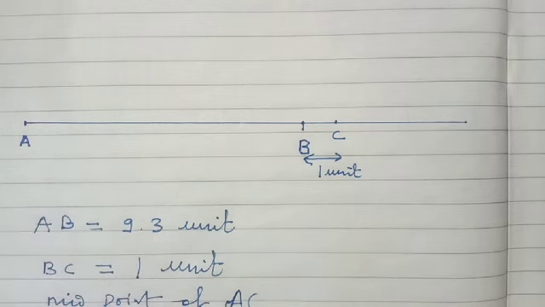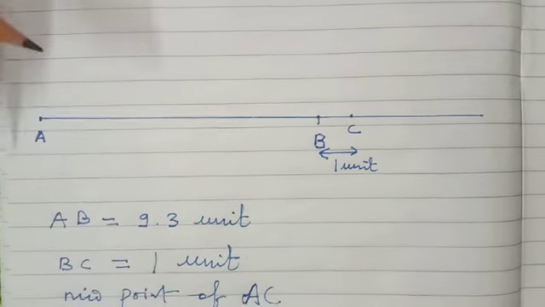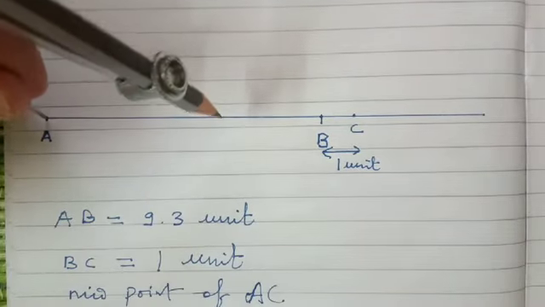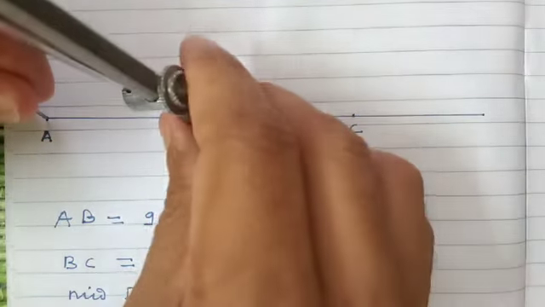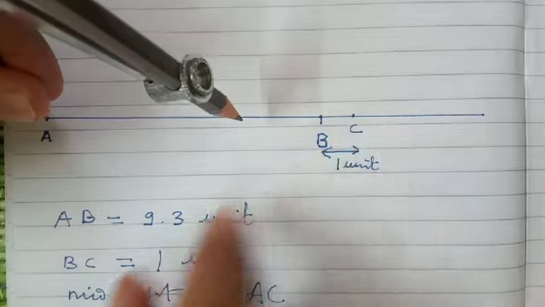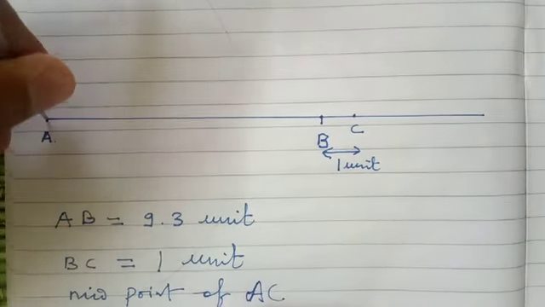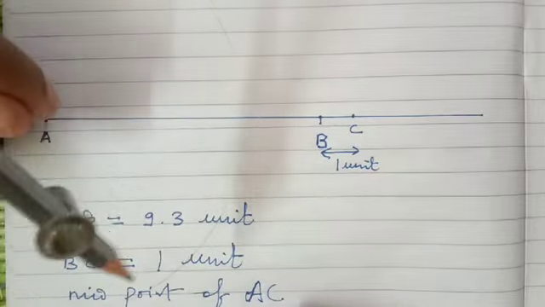Take point A as a center, and extend your compass more than half of the length of AC. Okay, like that, more than half of AC.